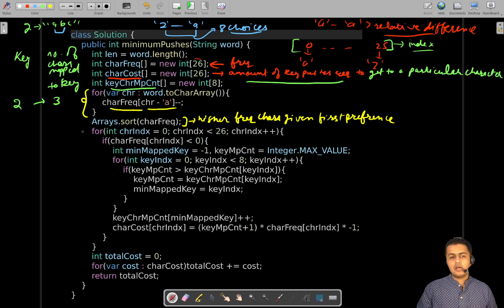Now we will start the mapping, and along with that we will assess the cost, or the number of key pushes that will be required to get to a particular character.